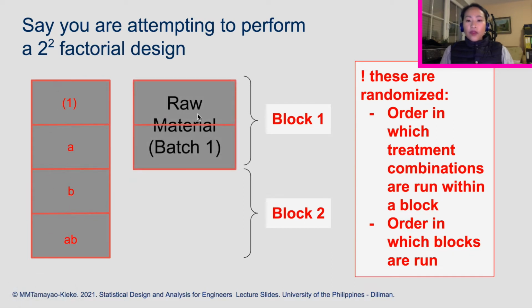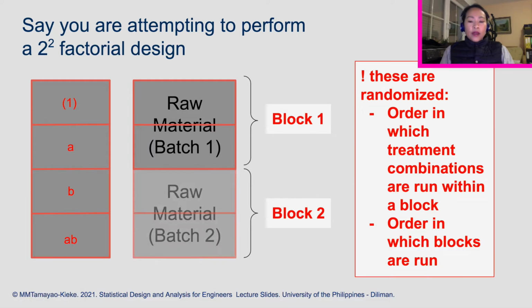Now, what if your raw material is only enough to run 2 combinations, say, for example, 1 and A? That means you would need another batch of raw material to run the rest of the combinations.